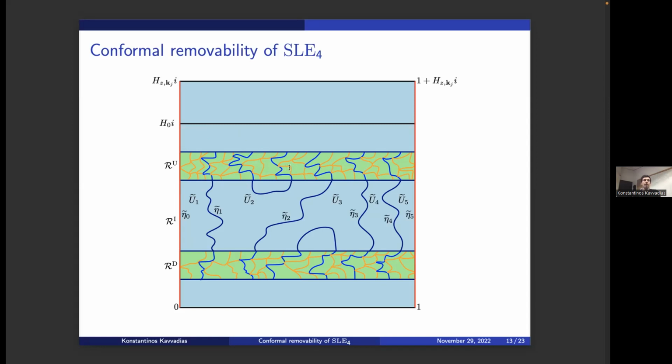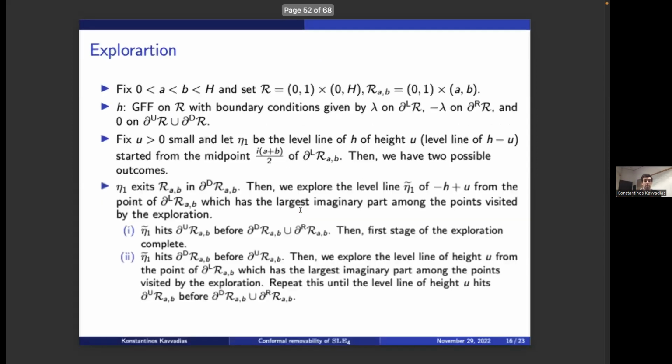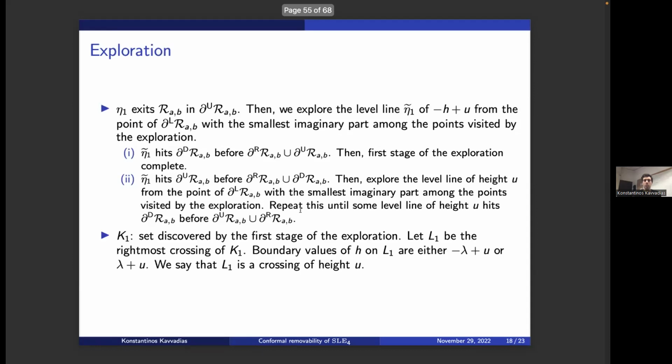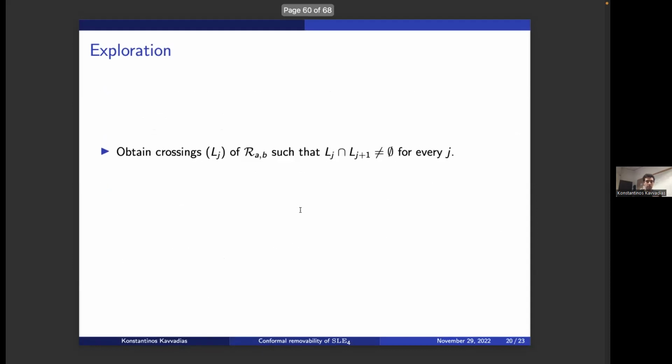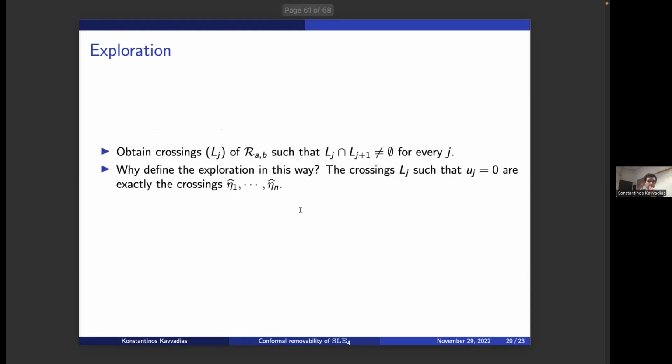But again, due to level line interaction rules, when two level lines with the same height intersect, then they merge. So this means that the 0 height crossings that we have discovered are actually parts of the original crossings of the rectangle. So that was the point of introducing this procedure in this way, with all this height of crossings and so on. The point is to obtain these crossings in this measurable way.